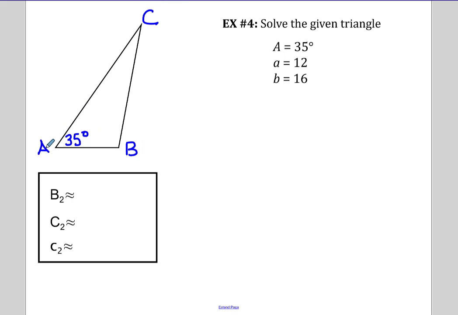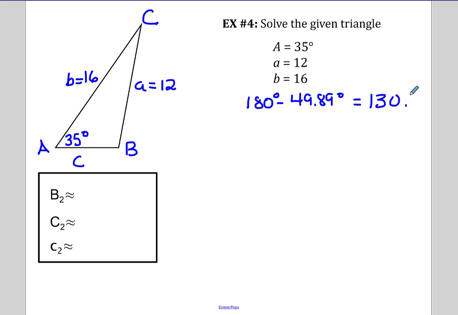So little a is opposite capital A, and big B is opposite little b, and we don't know little c. So since that first angle was found, I said it was 180 minus the 49.89. All we did was swing the leg around to make another angle, which gave the 130.11. So angle B is 130.11. That's going to be this one.